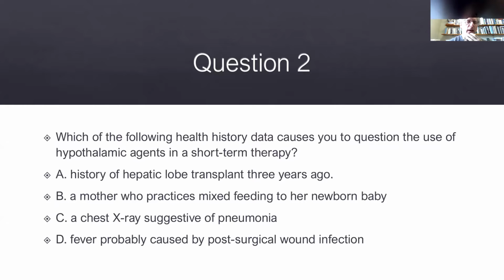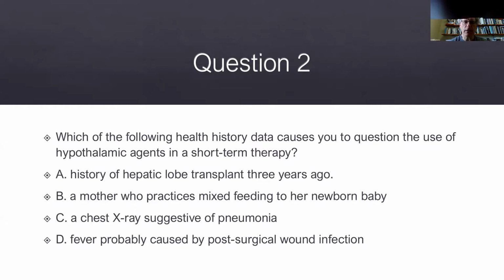Which of the following health history data causes you to question the use of hypothalamic agents in a short-term therapy? A, history of hepatic lobe transplantation 3 months ago. B, mother who practices mixed feeding to her newborn baby. She breastfeeds and she feeds with a bottle with formula.